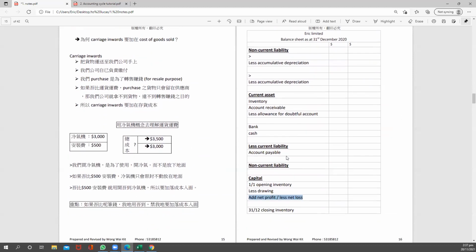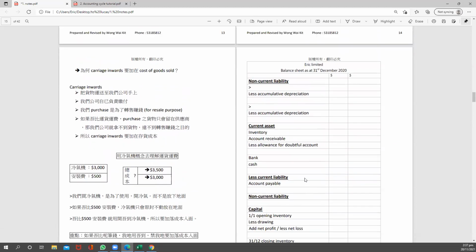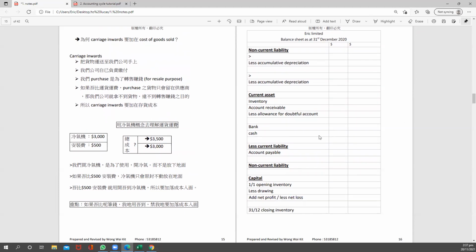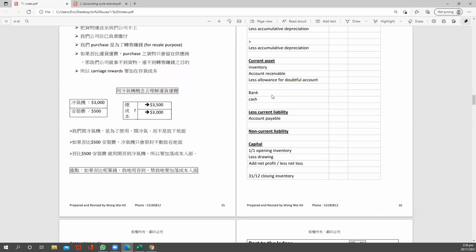I guess the variance was around 3 to 4 million, but I still got 5 star in accounting. So don't make yourself nervous about failing to balance the balance sheet. It's okay. No need to balance it.